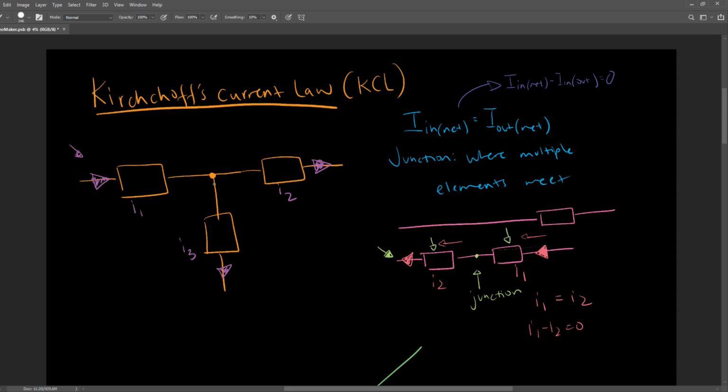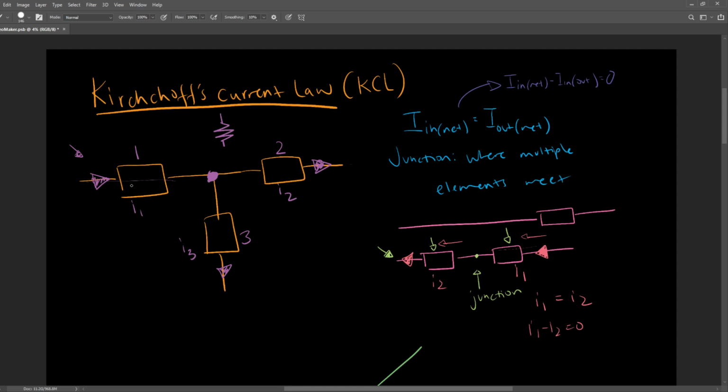The current flowing through this one is I3, through here is I2, and through here is I1. We have a junction where these three elements, which I'm going to name 1, 2, and 3, meet up. And don't be worried about these boxes. They're just another way of symbolizing resistors, which also look like this. But for our purposes, that's not too important.